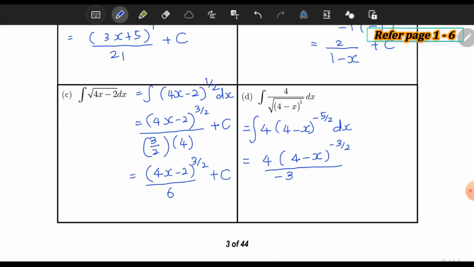Divide by new power, negative 3 over 2. And differentiate the function, the bracket. We have negative 1 plus c. And okay, as the final answer, we need to simplify. And we will get 8 over 3 times (4 minus x) power of 3 over 2 plus c.